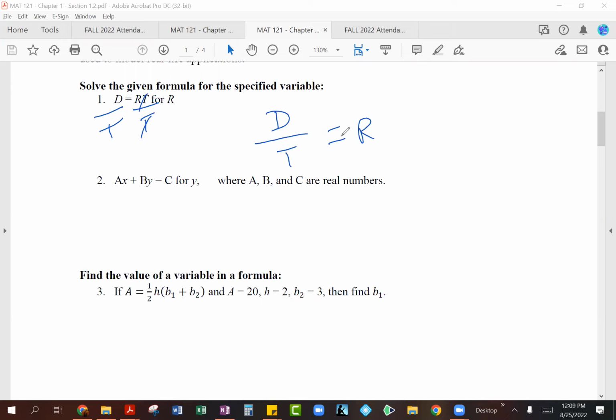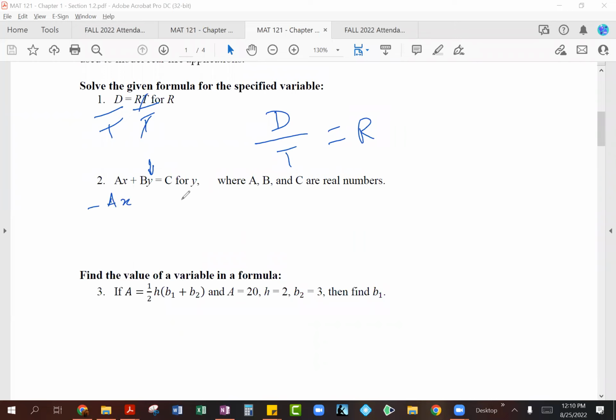Same thing happening in example 2, where they're asking you to get Y by itself. If you're trying to get Y by itself, where would you start first? What should we get rid of first on the left-hand side? Yeah, get rid of the AX.